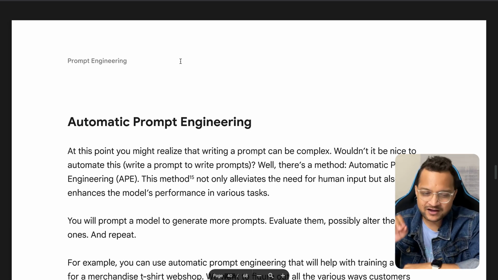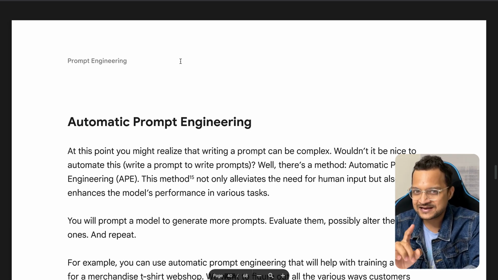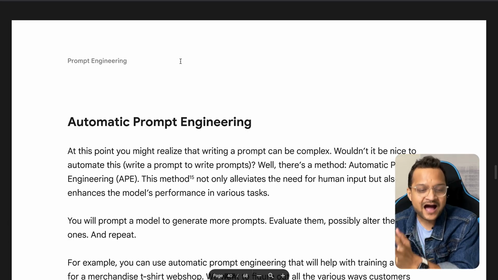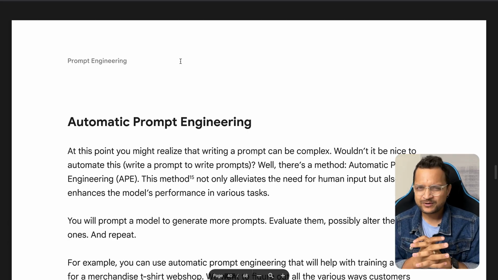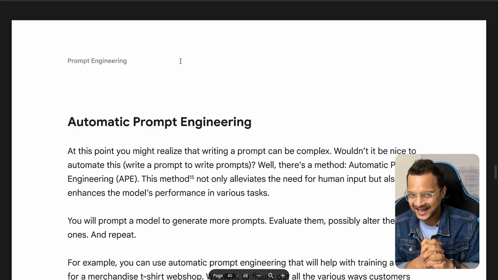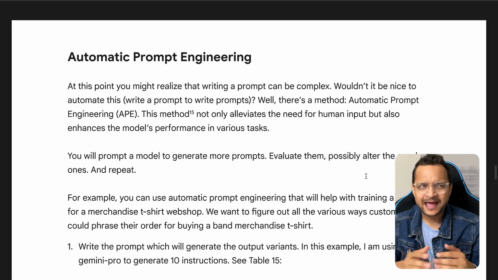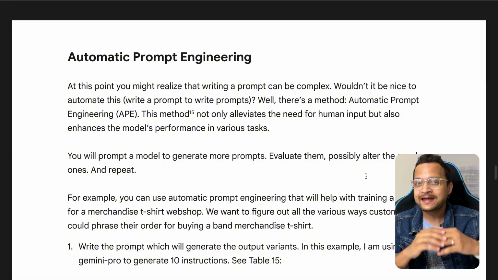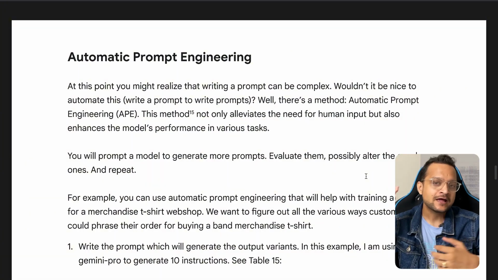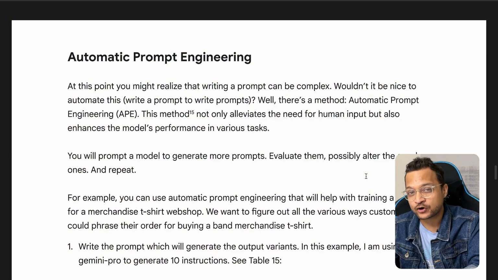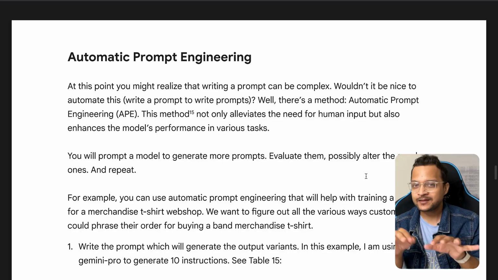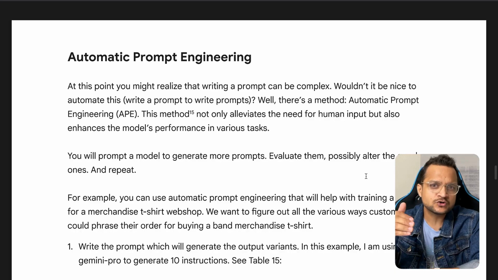Okay, so we are now at the really mind-blowing, last prompting technique: automatic prompt engineering. What's that? So let's just admit, we humans are lazy and we want to automate everything in our life. And AI is doing all that automation. We just need to write the prompt and explain to AI what to do.